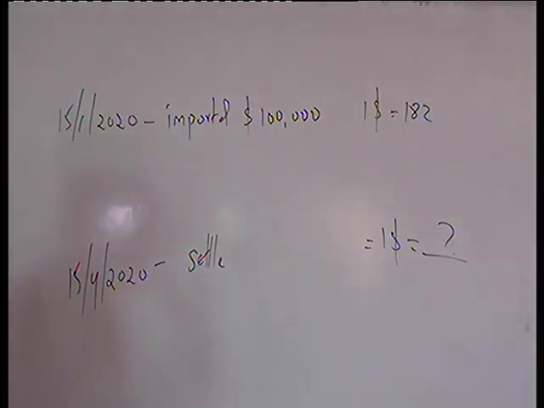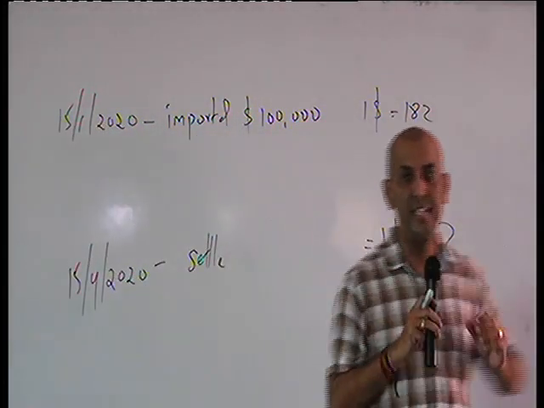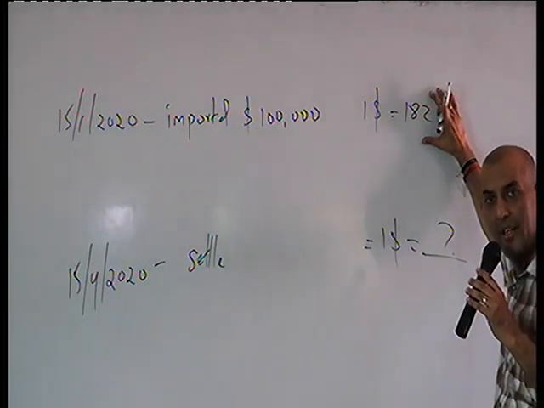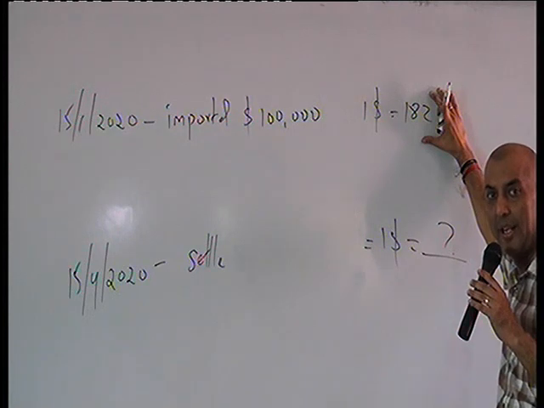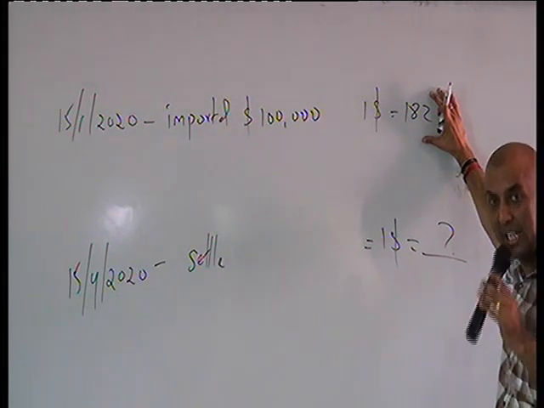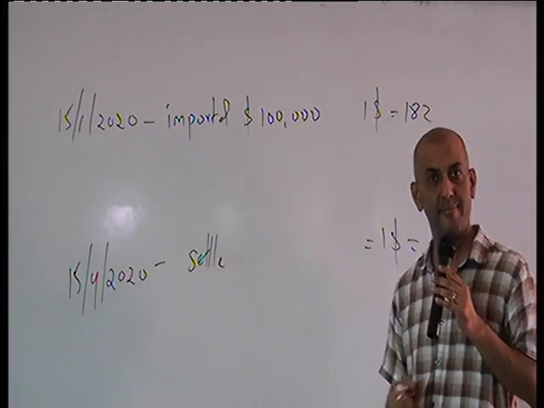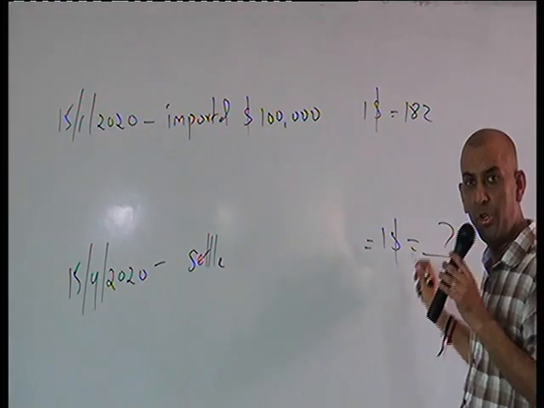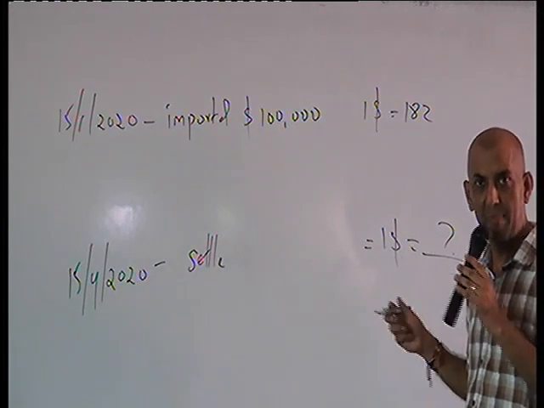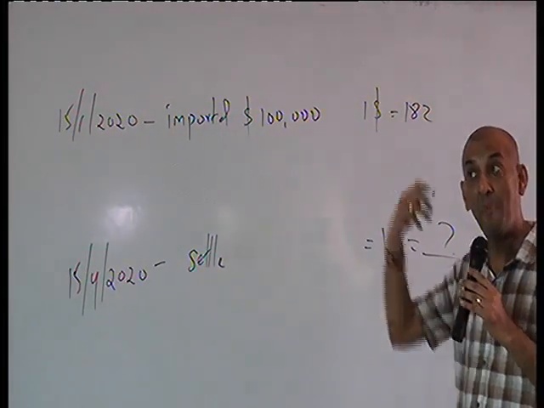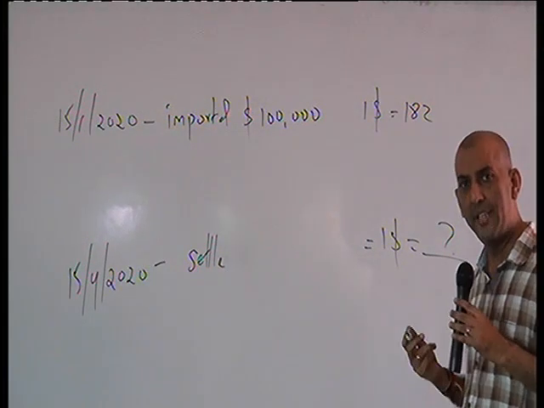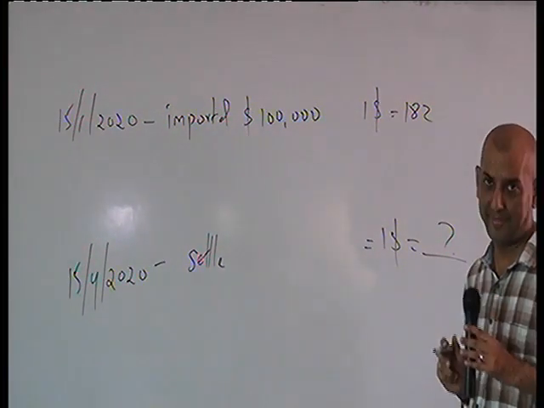So what are you going to do? When you realize that 182 per dollar will be expensive when I go to settle on 15th of April, I know definitely my exchange rate is going to depreciate, that means the Sri Lankan rupee depreciates, and I have to pay more rupees. I need to decide how to reduce that impact.